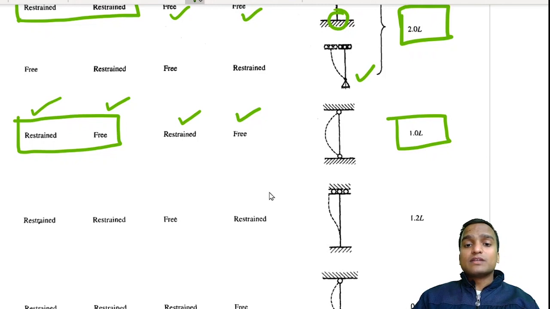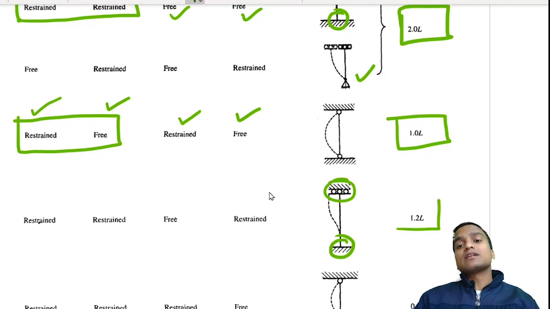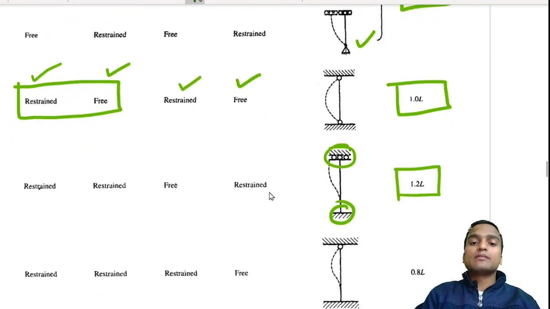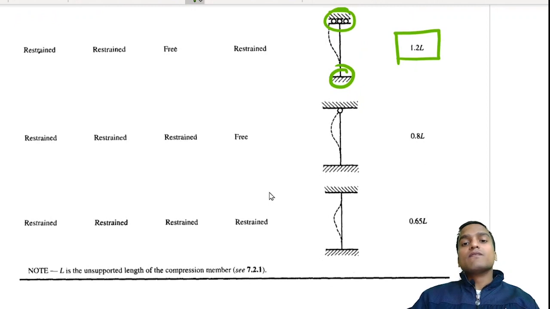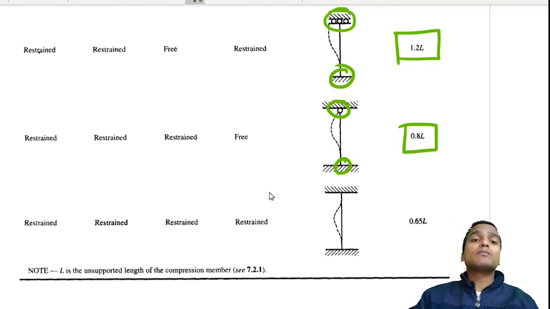Whereas in case of this type of support in which one end is fixed and the other is provided with rollers, effective length is 1.2 L. Similarly when one end is pinned and the other is fixed, we have to use 0.8 L.